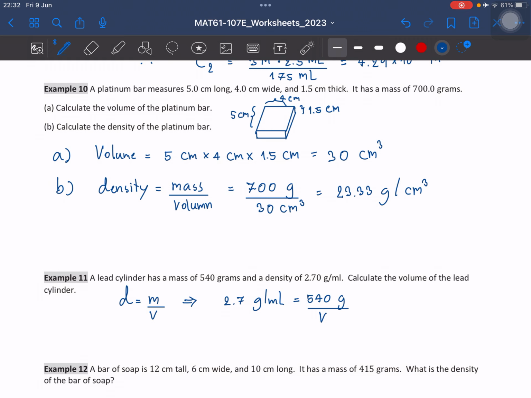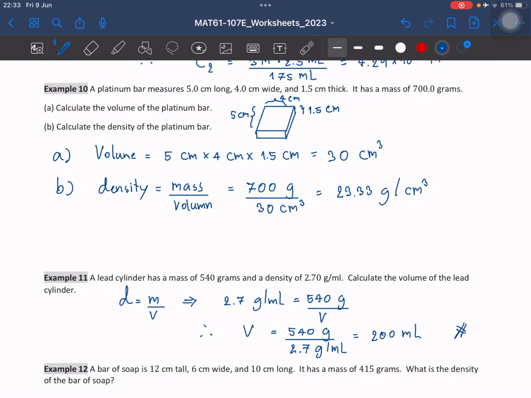So the volume is 540 grams divided by 2.7 gram per milliliter, and then you will get the answer, 200 milliliter.